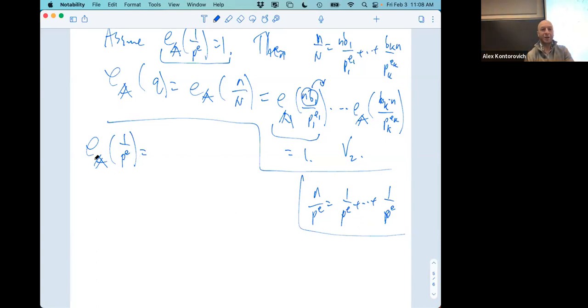Okay. And so what happens here? I get the infinity value. All of the other values are 1 except for the pth value of 1 over p to the e, and 1 for all the other places. The infinity value is e to the 2 pi i times 1 over the real number p to the e, with a minus sign.